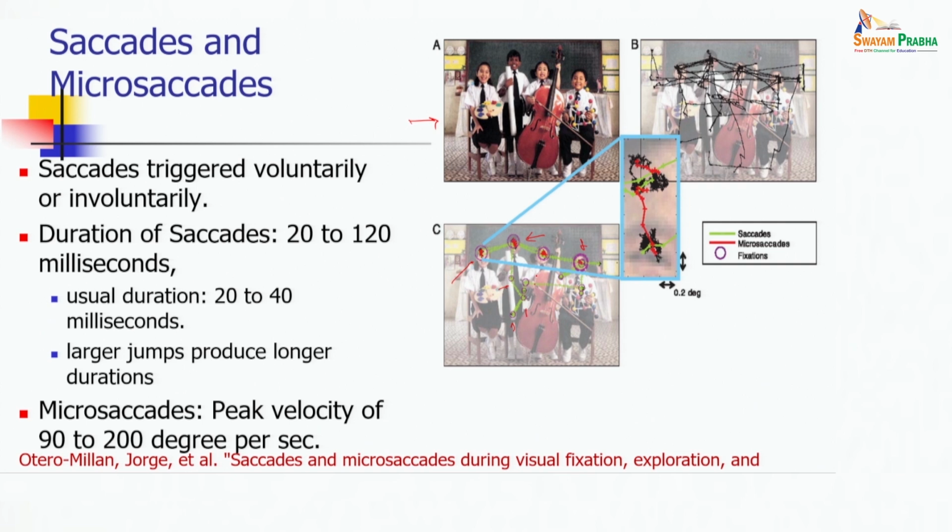That gives you the strength of that fixation point, and how many times you are returning back to that point. These are all related. And then there are microsaccades. If I zoom into this location, you can see there are again small rapid movements around this zone. This is a microsaccade. These are the examples here.